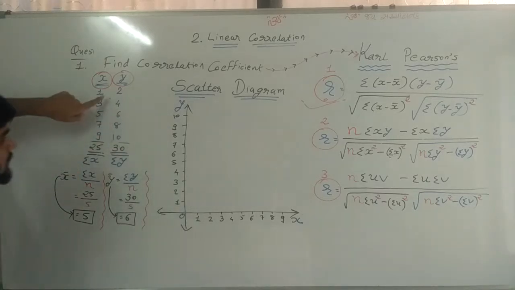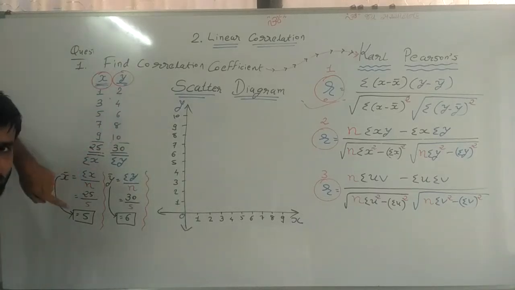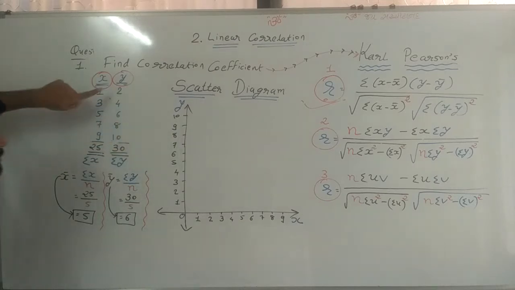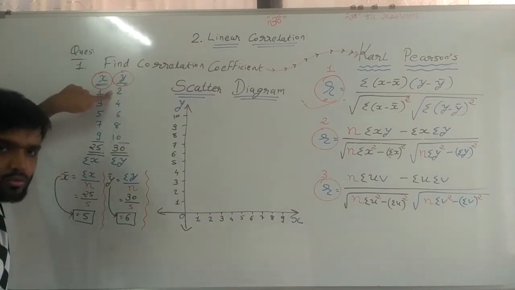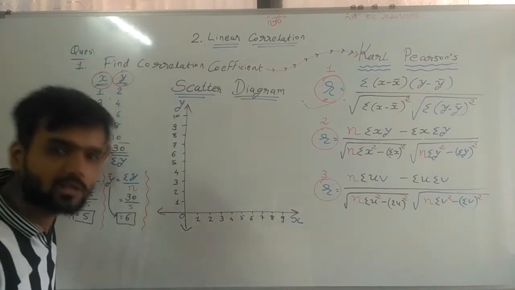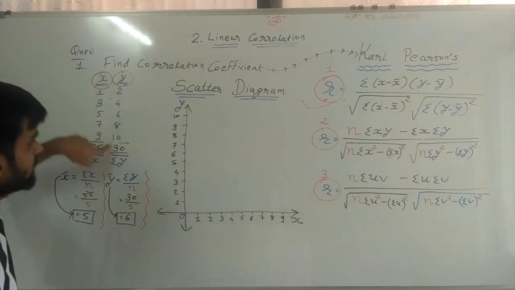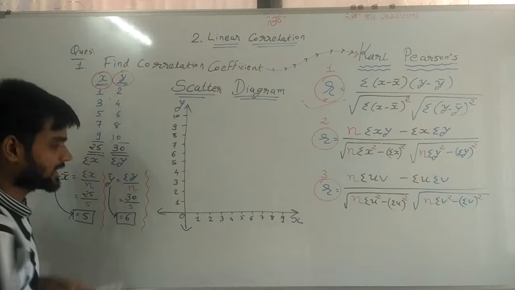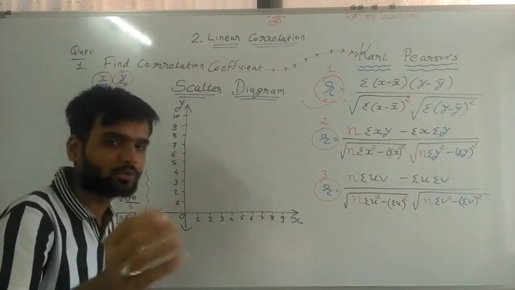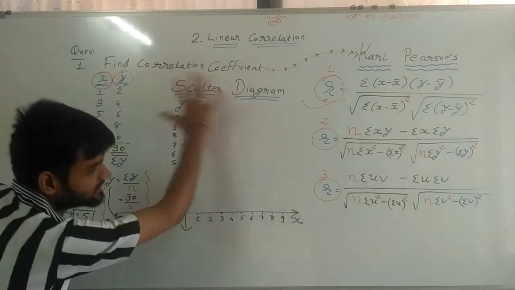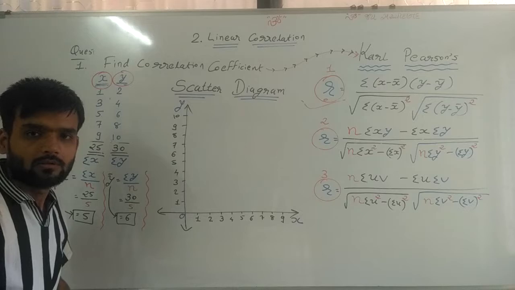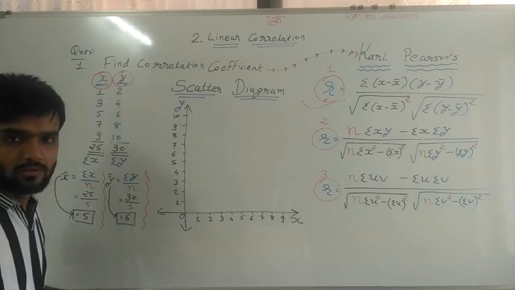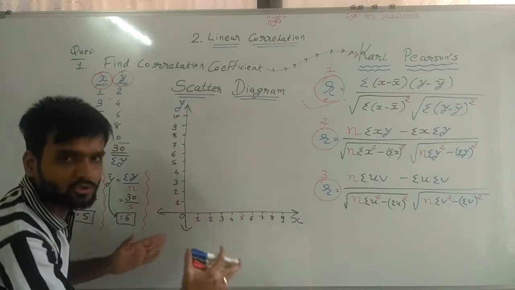Why? Because I have to cover all the variables on the graph paper. The minimum value 2 and the maximum value 10 should be covered on the y-axis. In the same way, on the x-axis we have to cover up to 9. So first decide what scale you need to take.